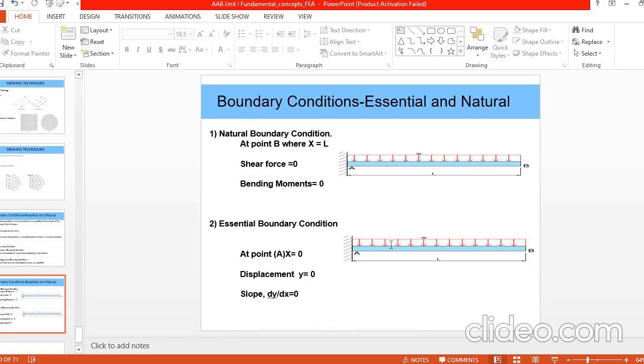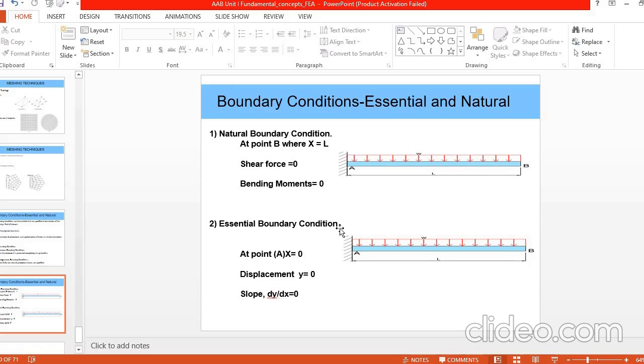Then what is meant by essential and natural boundary conditions? In natural boundary condition, consider a cantilever beam with a uniformly distributed load applied from point A to point B. At point B, where x is equal to L, shear force is equal to 0 and bending moment is 0.